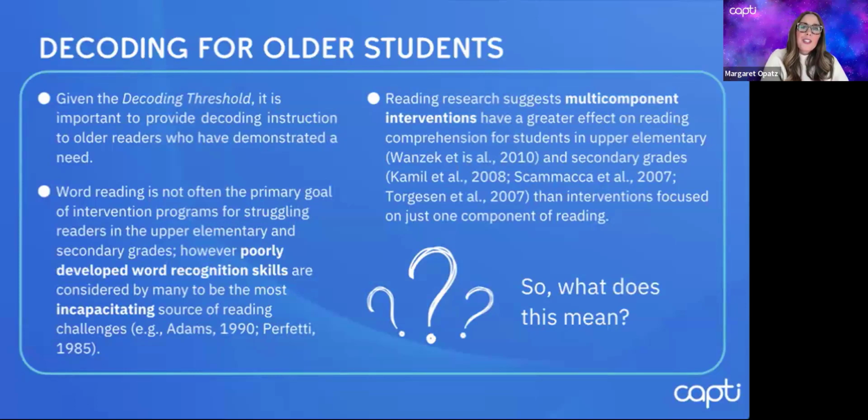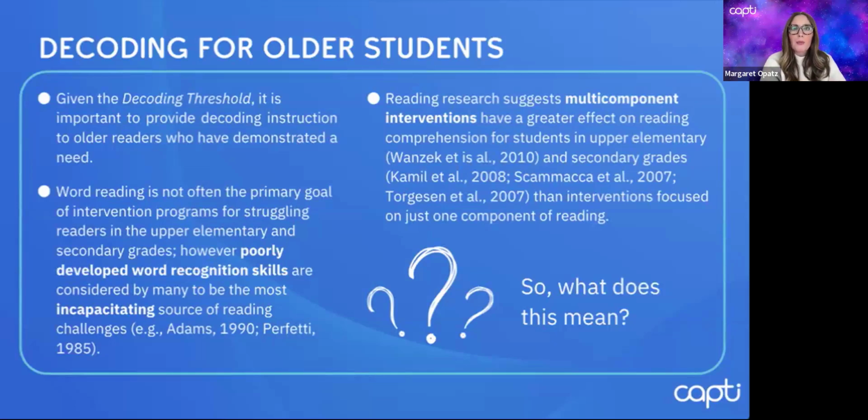But for older students specifically, we know that if they have not developed strong word recognition skills, it actually is incapacitating. It pretty much limits all that they can do within reading because they don't have the ability to pull the words off of the page. So one thing that we can do is provide interventions. Students who are provided with interventions, especially those that are multi-component, do better.